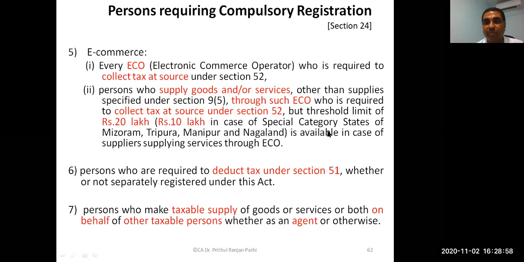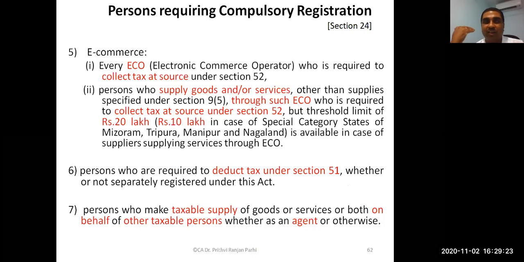But here one has to remember there is a threshold limit of 20 lakh normally, and in special category states the threshold limit is 10 lakh. Next category of persons to whom compulsory registration applies: the persons who are required to deduct tax under section 51.